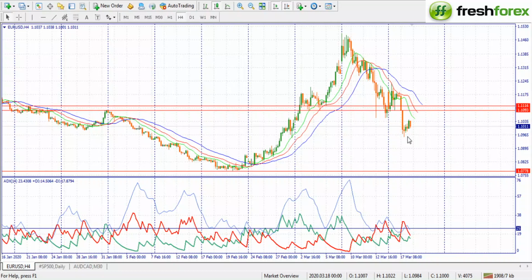So we just want price to pull back up to 1.116 or 1.1093 so that we can pick a sell up to the next level, which is this one. So we expect price to go up to this point so that we can pick a sell up to 1.0778, this level here. And based on this indicator, on the other one, still down. So expect a pullback up to this point so that you can pick a sell, expecting the sell to take price up to the next level, which is this one, 1.0788.